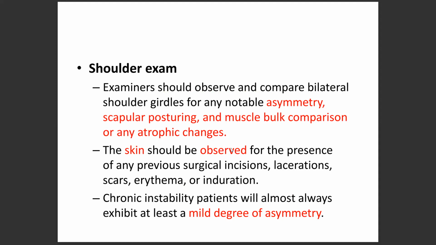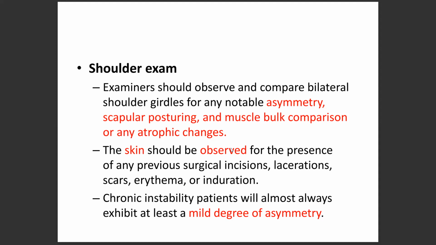If the distance between the mid of the spine and the inferior angle is dissimilar on both sides, one side larger and the other shorter, it will be called inferior asymmetry. And if one shoulder is hiking up and the other shoulder is dropping, that will be the superior shoulder asymmetry.